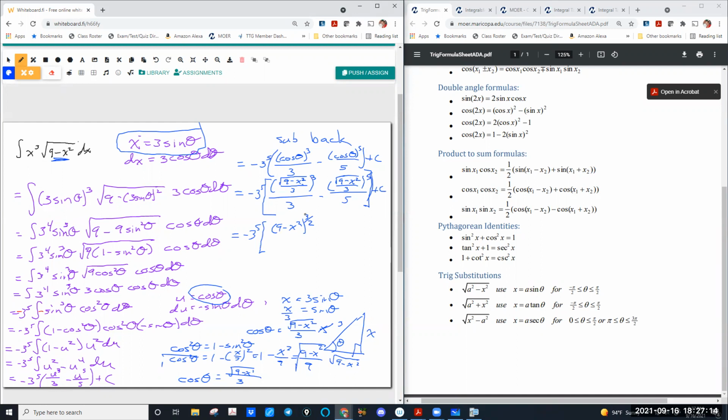Cubing it is to the 3rd power. Multiply those together, you get to the 3 halves. This is going to be a 3 to the 3rd divided by another 3 is 3 to the 4th. Minus, right here, same basic thing, right? 9 minus x squared, except it'll be to the 5 halves over 3 to the 5th times 5 plus c.